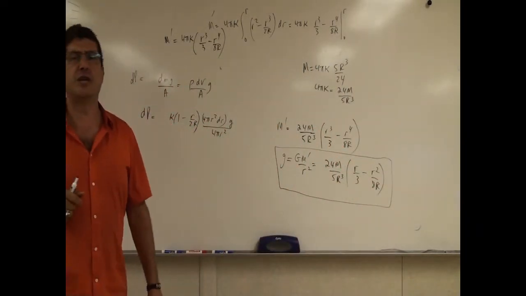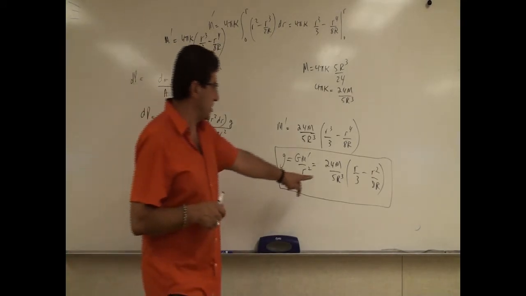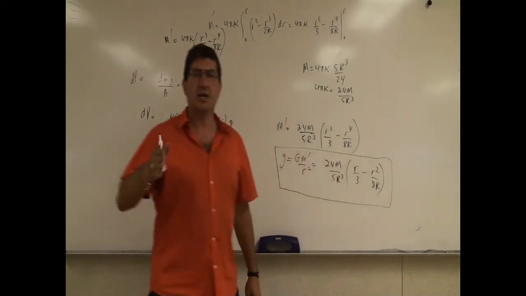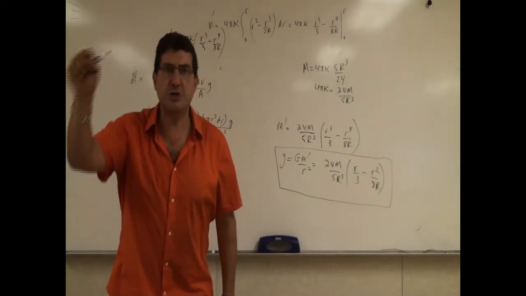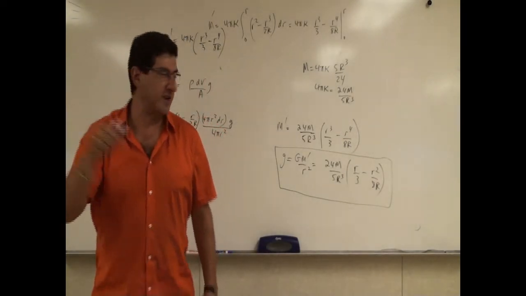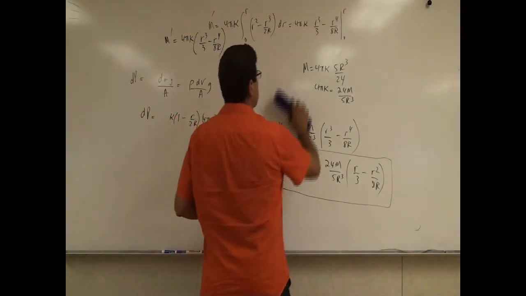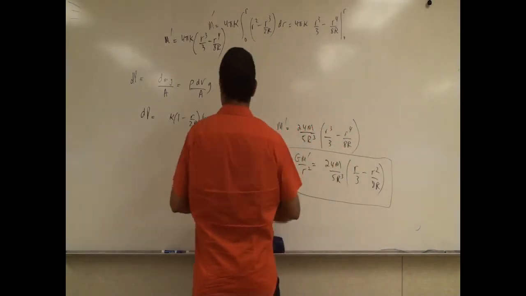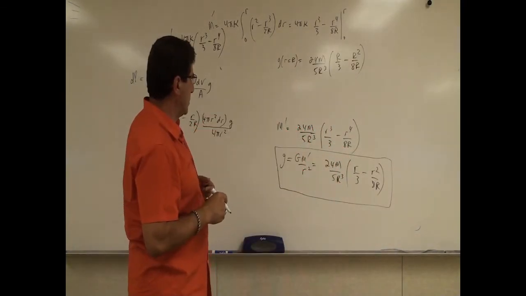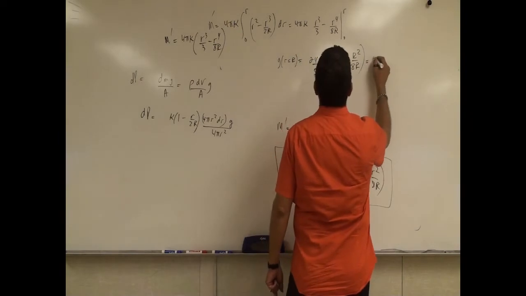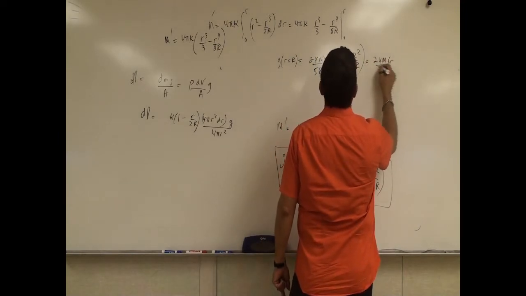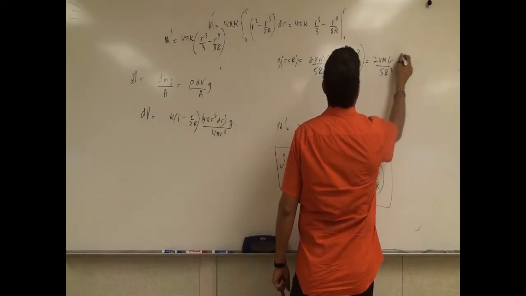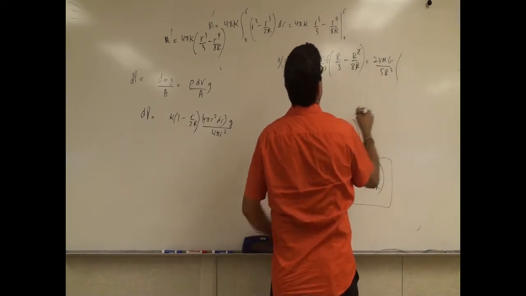Now the way that you know that you did it right is when you put here little r equal to big R, the g value that you get should be GM over R squared, right? So if you put little r as big R, combine this, 24MG over 5R cubed, and then this one is going to be what?